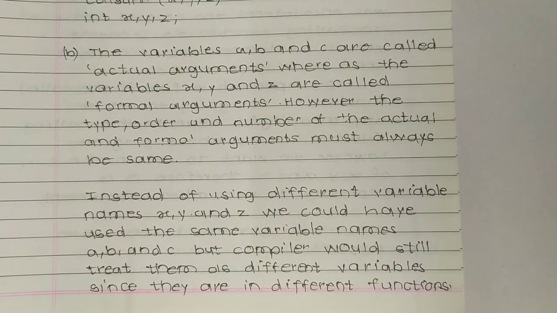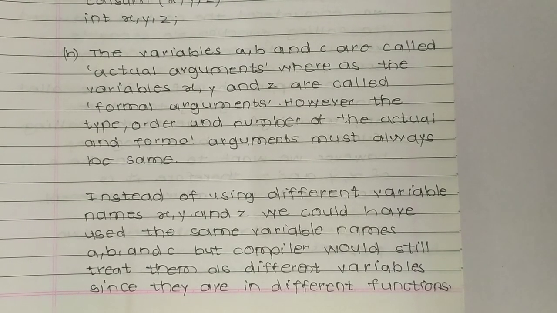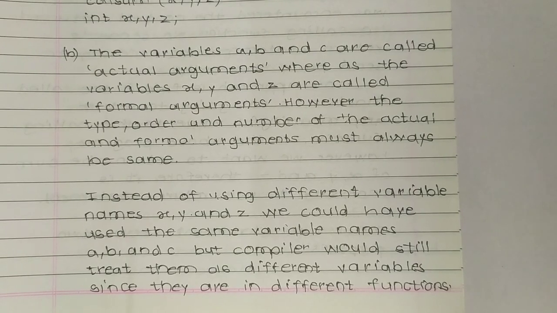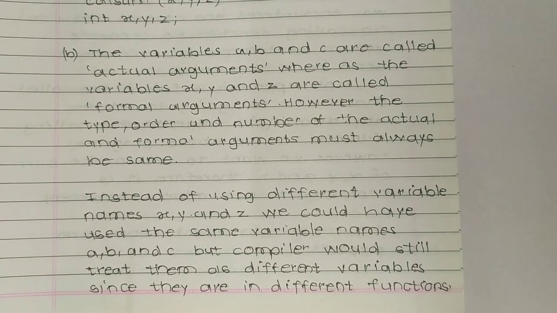Instead of using different variable names x, y and z, we could have used the same variable names a, b and c, but the compiler would still treat them as different variables.